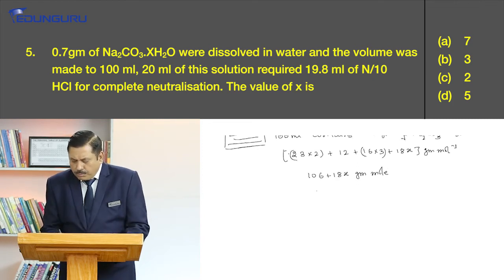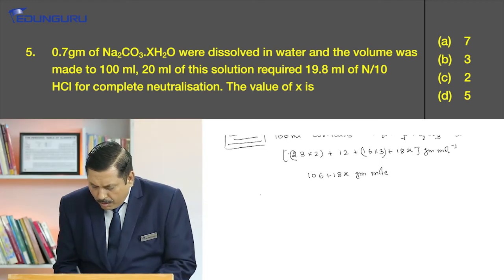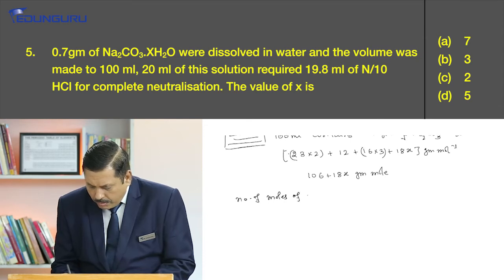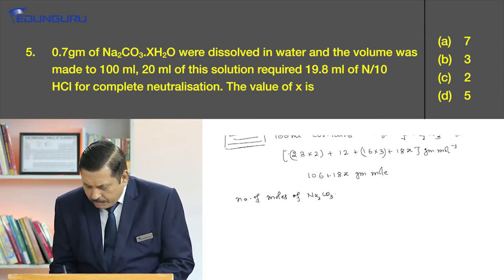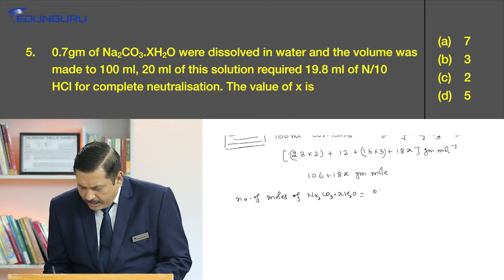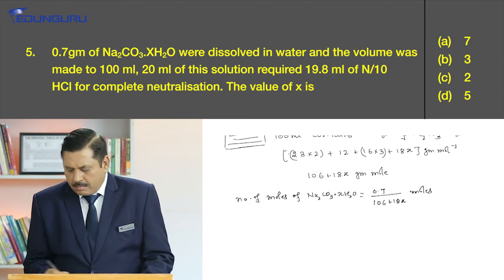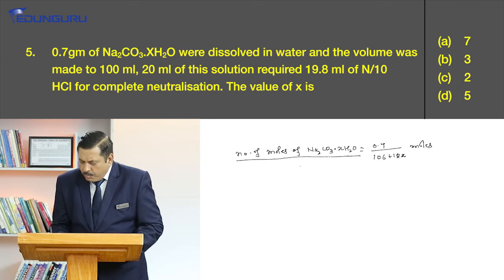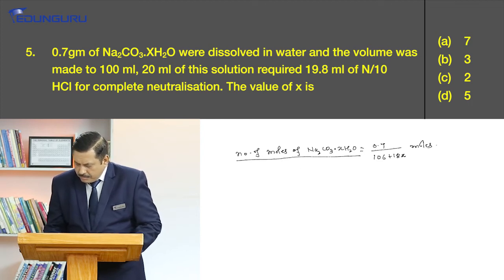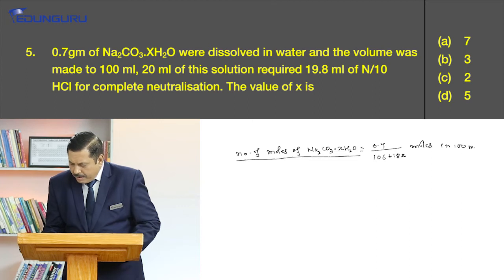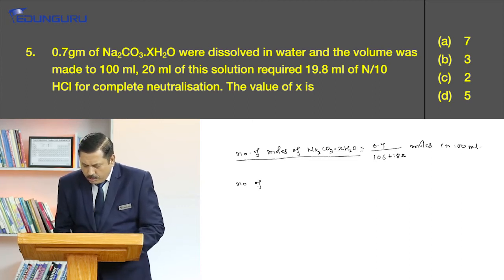What is the number of moles? The number of moles of Na2CO3·xH2O will be equal to 0.7 upon 106 plus 18x. These moles are present in 100 ml of solution.